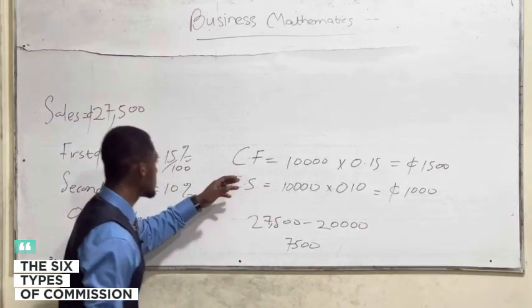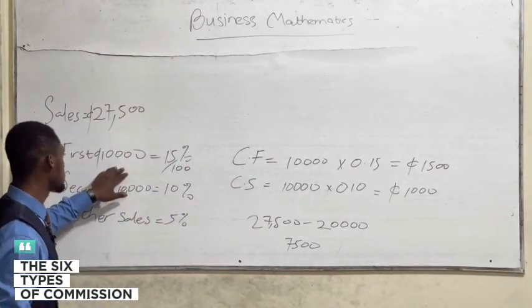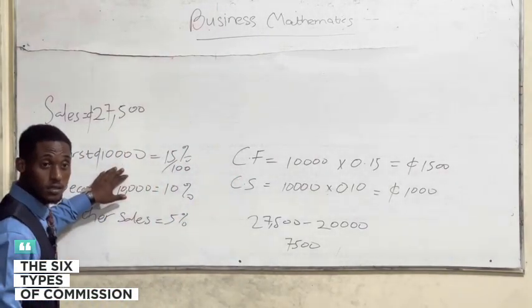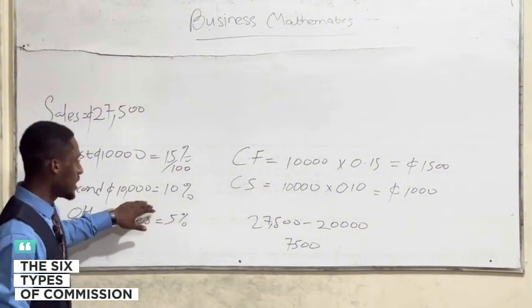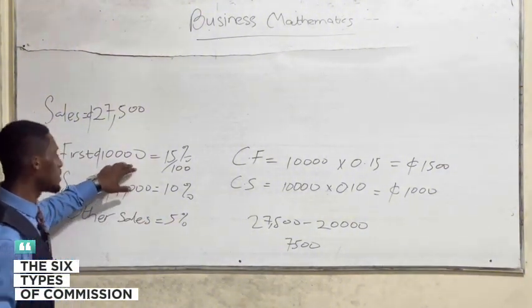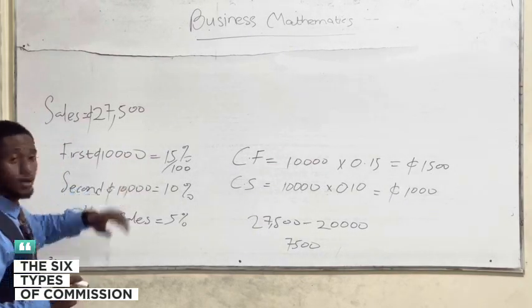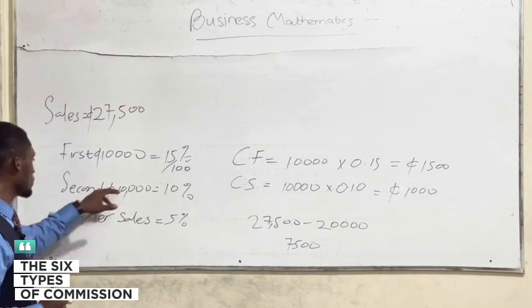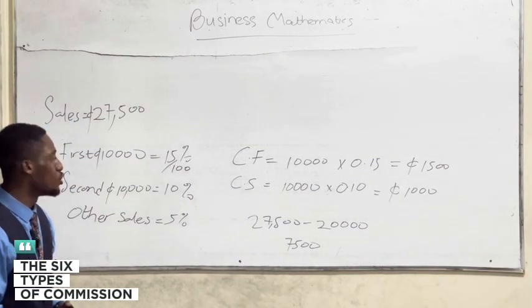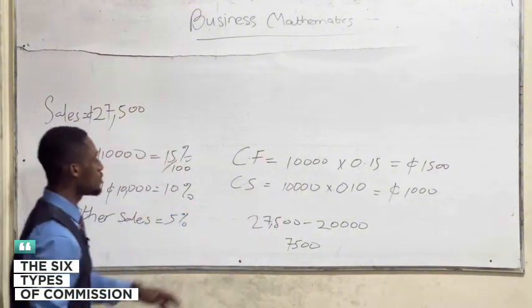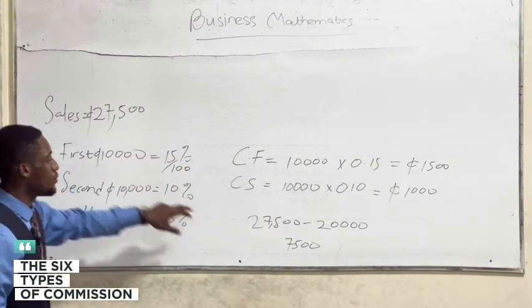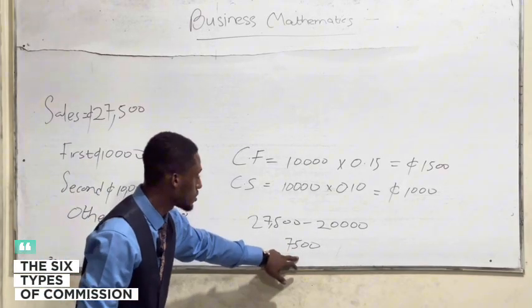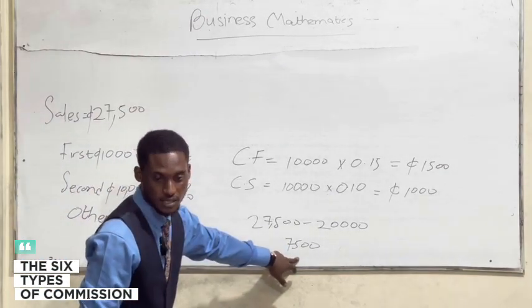So after calculating your commission for the first sales made, you calculate your commission for the second sales made. And now the first sales made was 10,000 and the second sales made was also 10,000. So you add the two and you subtract it from the total sales, and we got here to be 7,500 cedis.